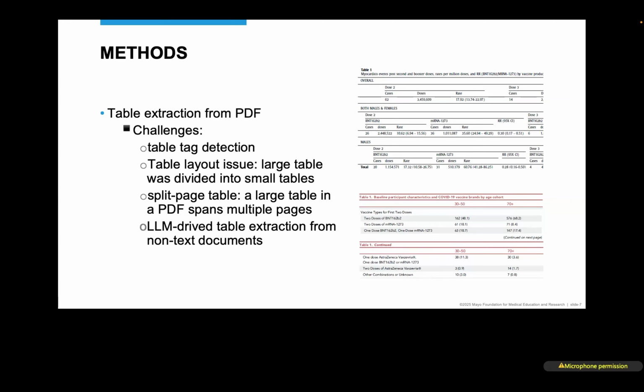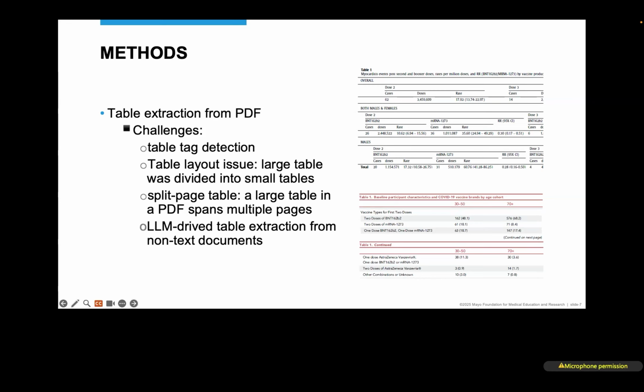A PDF file is not in a text format. If we want to use a large language model, the first step is table extraction, and that is based on text. So the first step is how to extract the text from the PDF file.